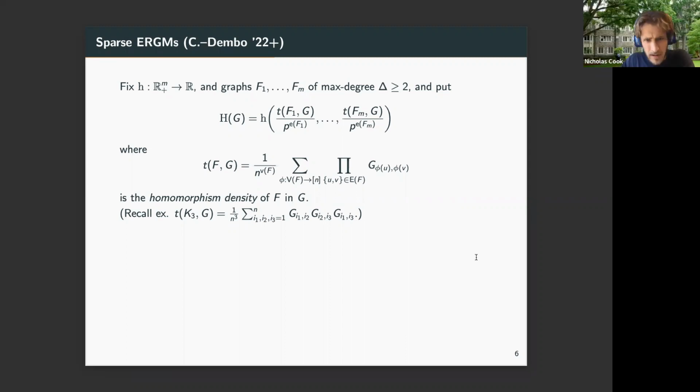So we want to be able to let, say, the parameter p for the edge density go to 0, or this alpha parameter go to infinity. To do this, we have to do a bit of rescaling from how I set the model up on the first slide. So we study a general class of measures that is more general than just taking linear combinations.